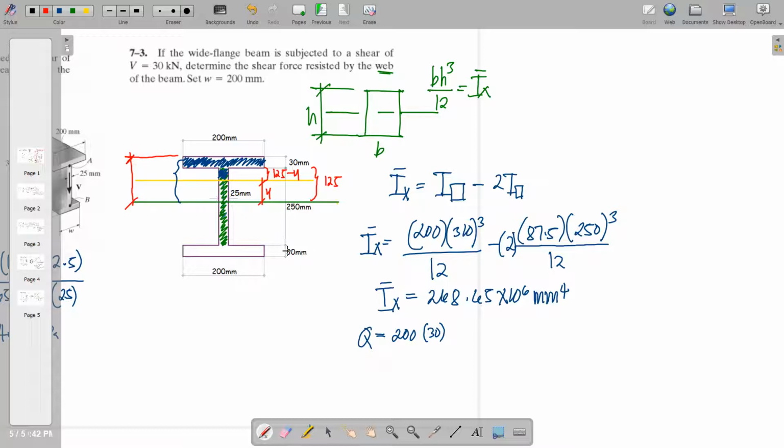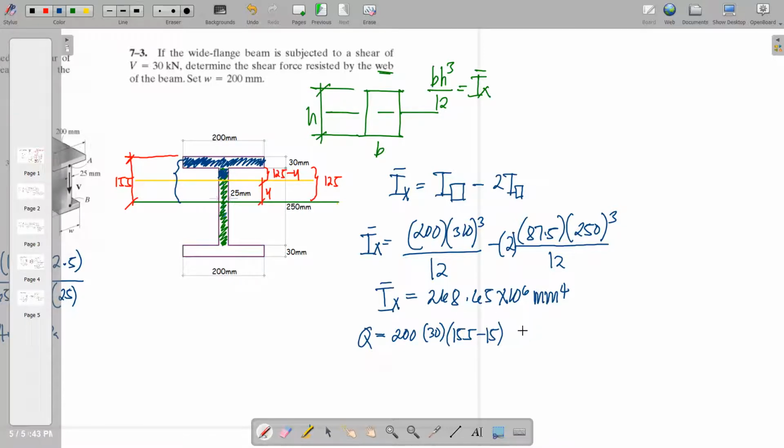Say this is actually the half of 310, which is equal to 155, we just less half of 30, or simply this is 155 less 15.